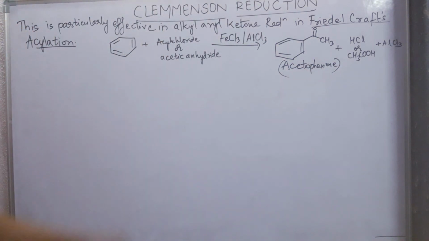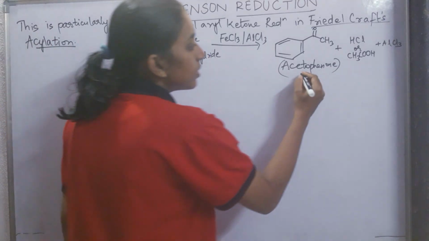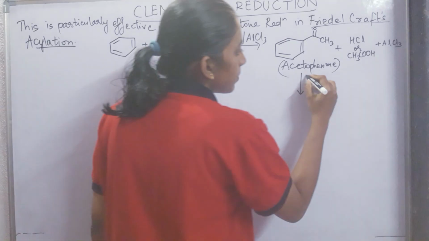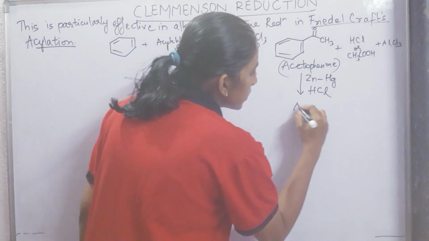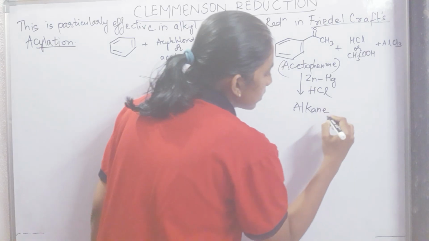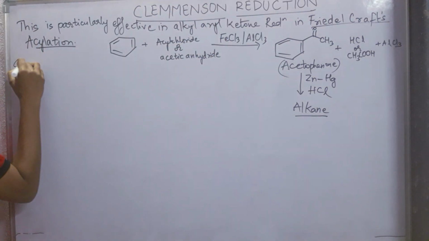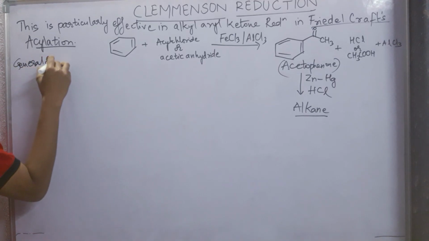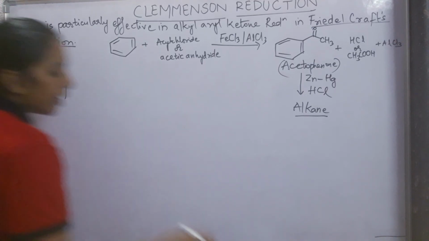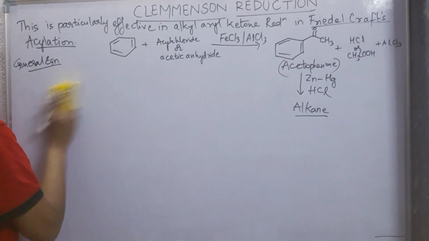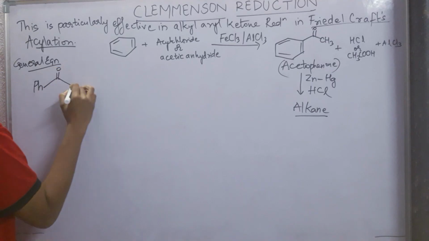So in Clemmensen reduction, this acetophenone will be acting as the reactant here. The reduction of acetophenone in the presence of zinc amalgam in acidic conditions, which gives us alkane, is called Clemmensen reduction. So let us write the general equation first. We'll directly take Ph C double bond O CH3.